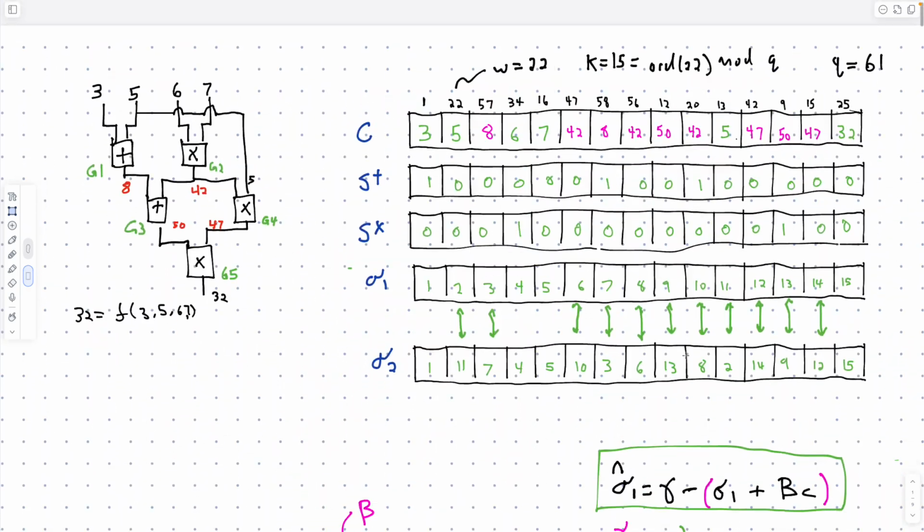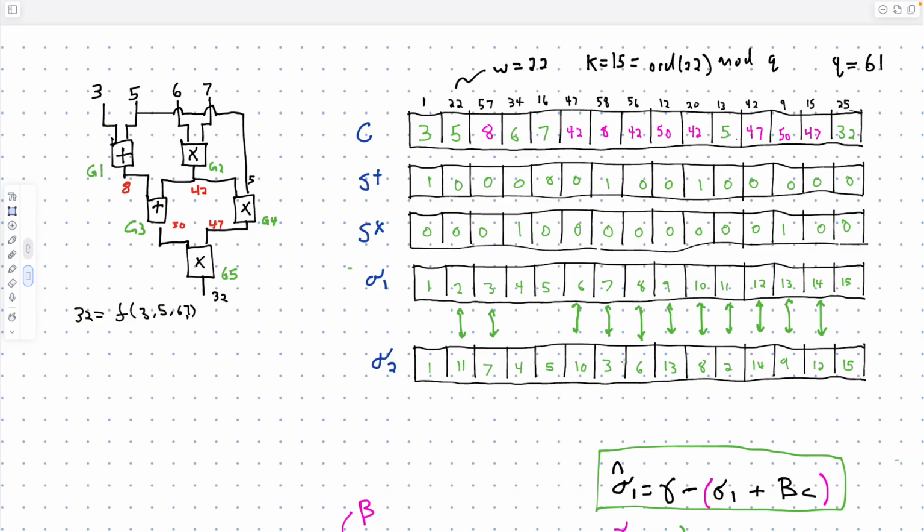So visually, everywhere there's an arrow, if I treat these as locations in C, this tells me the location at 2 and the location at 11 need to have the same value. So the location at 2 is 5, and the location at 11, 1, 2, 3, 4, 5, 6, 7, 8, 9, 10, 11 is also a 5.